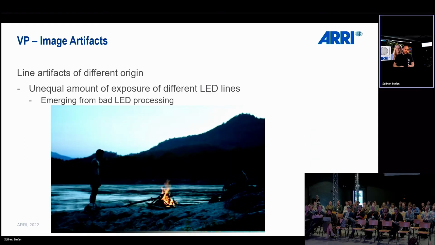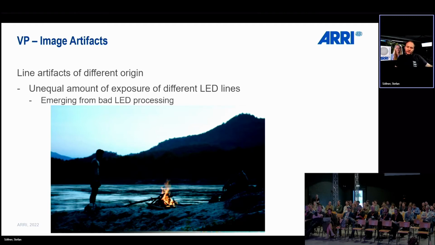Also, some LED walls that are in the, well, not even the low price range, actually in the very high price range, but they are more consumer oriented, do have other line type artifacts because they somehow have a management that is perfectly made for the eye, but as soon as you point a camera on it, you get line types. You can see in the wood line here that the lower part of the trees is a bit brighter than the higher parts, and this is because the lower part is exposed like 100 times to the LED wall, and the upper part is exposed only like 99 times to the LED.